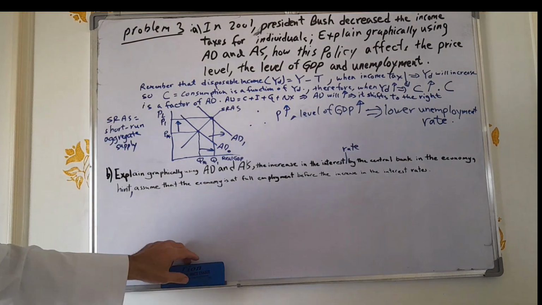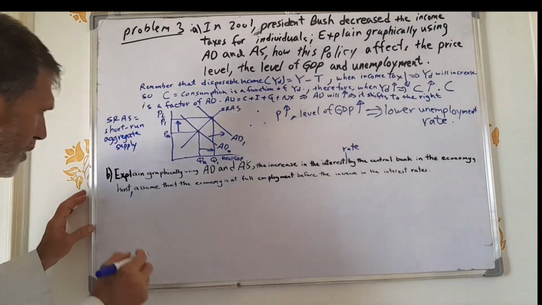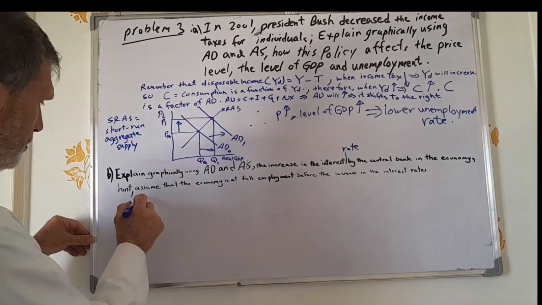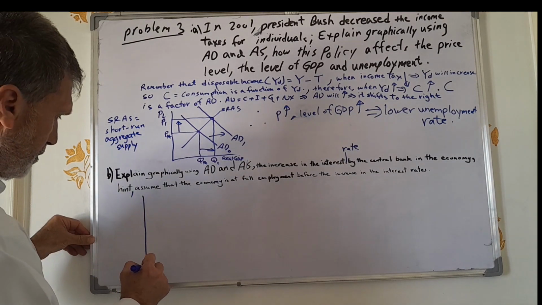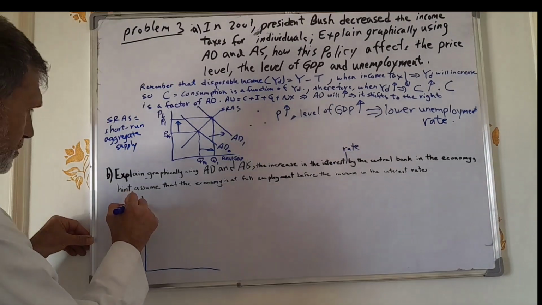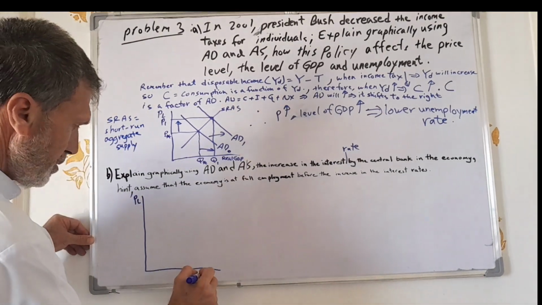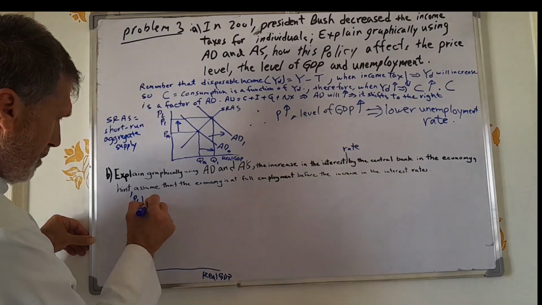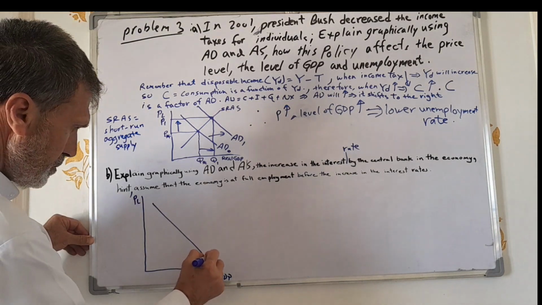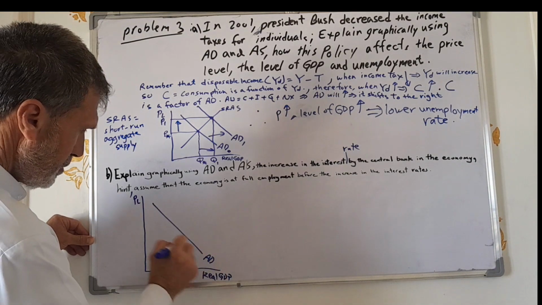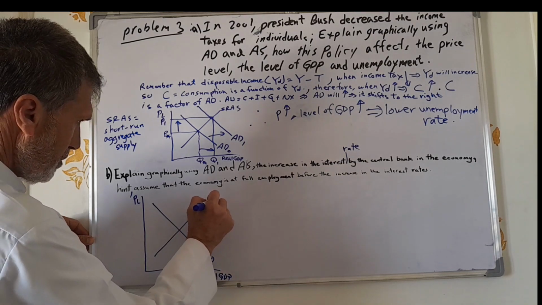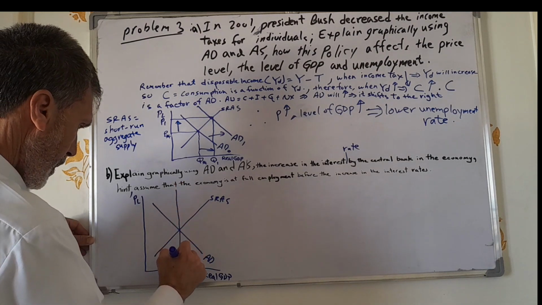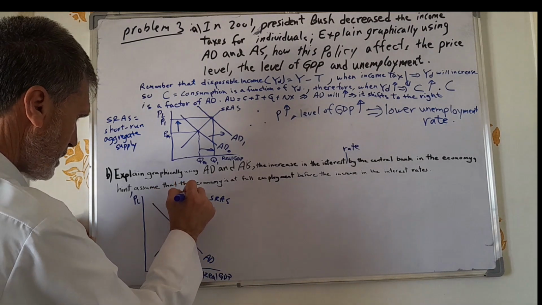So first of all, let's start from here. Graphically, we could graph it like this. Price level here, real GDP here. Aggregate demand is downward sloping, short-term aggregate supply is upward sloping. What you have here is long-run aggregate supply.